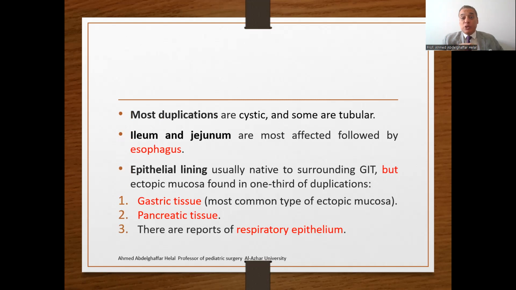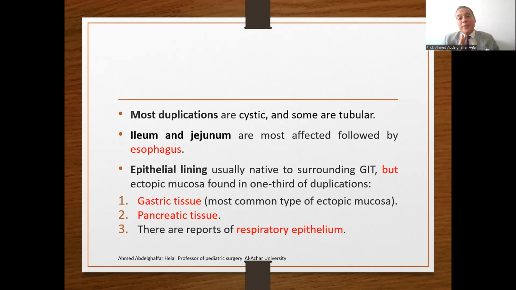Most gastrointestinal or alimentary tract duplications are cystic, and some are tubular, tube-like. Ileum and jejunum are the most affected parts, followed by the esophagus. The epithelial lining, as we said, is usually native to the surrounding gastrointestinal tract.